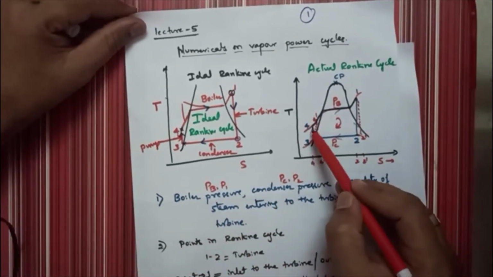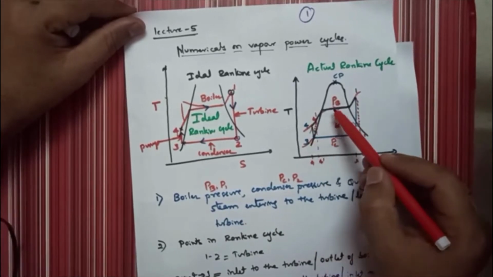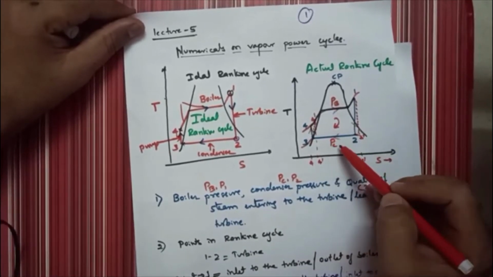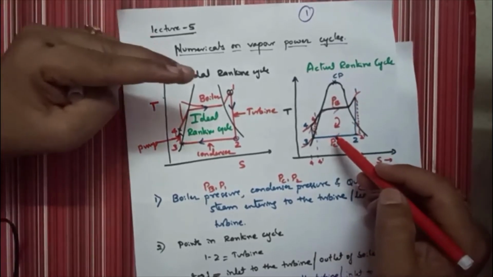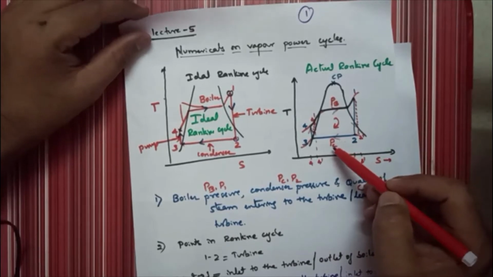The pump is operating between these two pressure lines. One is the highest pressure, another one is the lowest pressure. So in the entire cycle there are only 2 pressures. The higher pressure is boiler pressure, the lower pressure is condenser pressure.